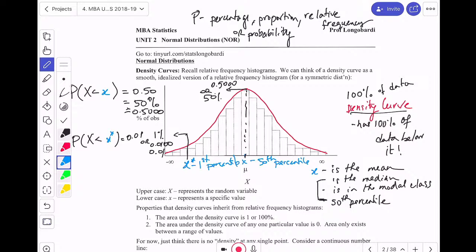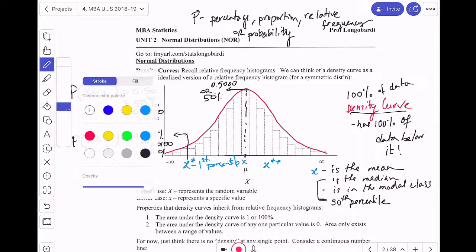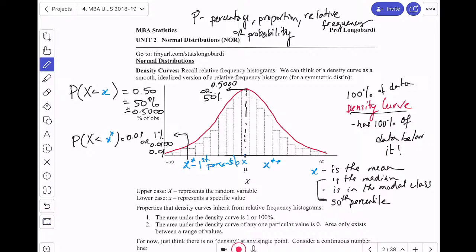What if I'm here? And I tell you that all of those bars sum to 25%.